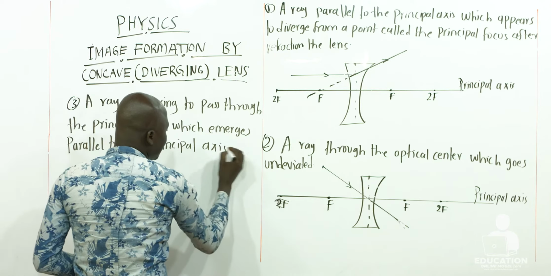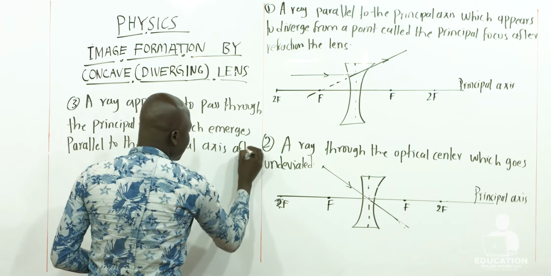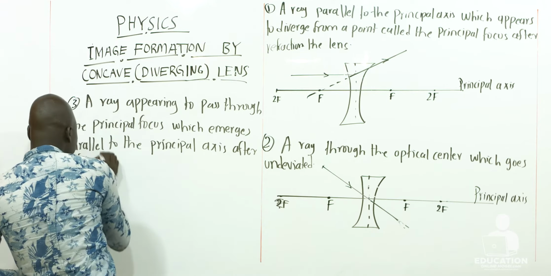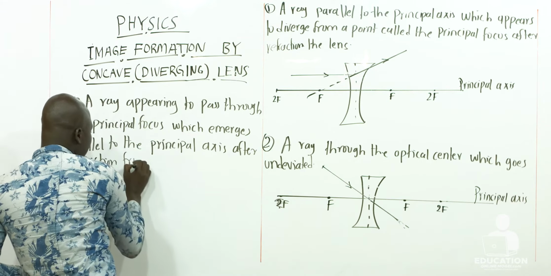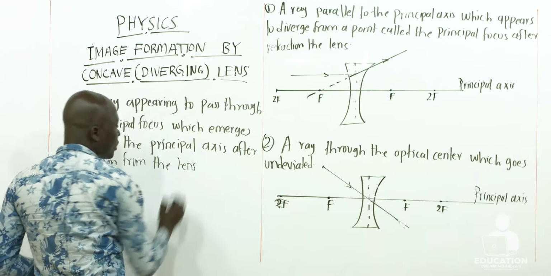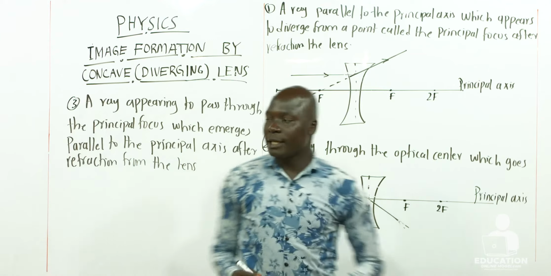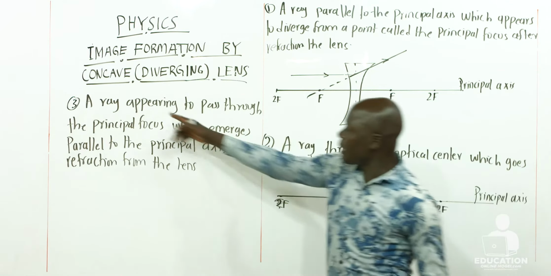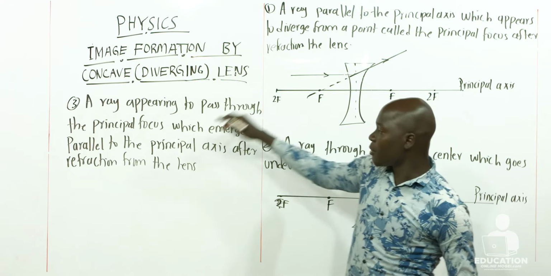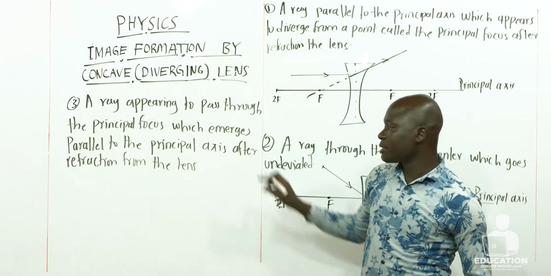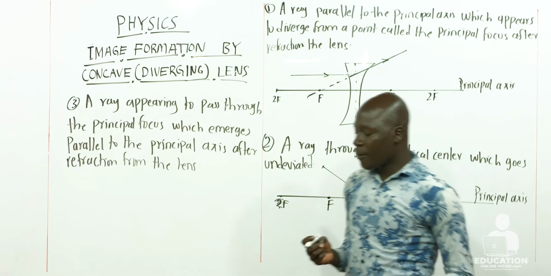That is after refraction from the lens. Dear learners, let's also look at how this ray will move through the concave lens. That is a ray appearing to pass through the principal focus, which emerges parallel to the principal axis, after refraction from the lens.